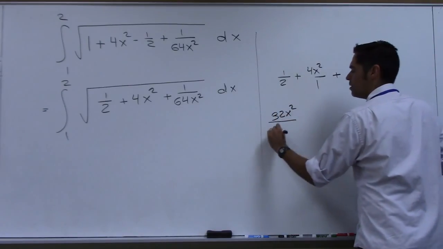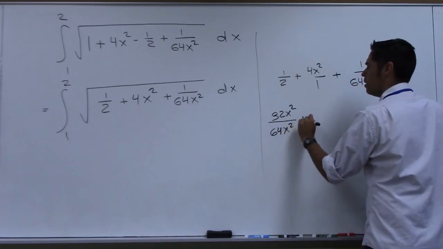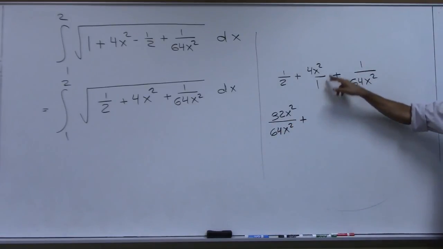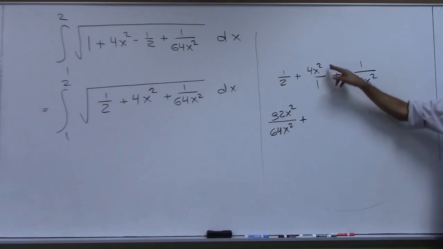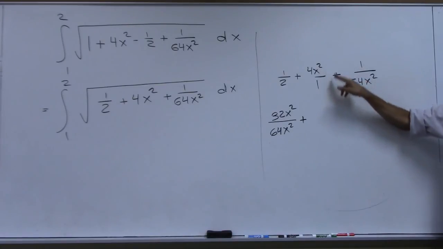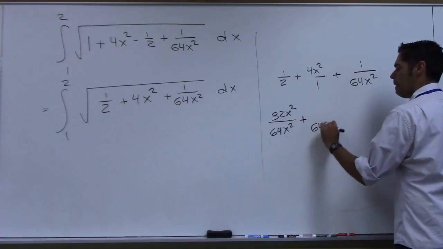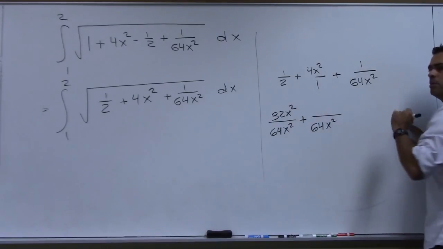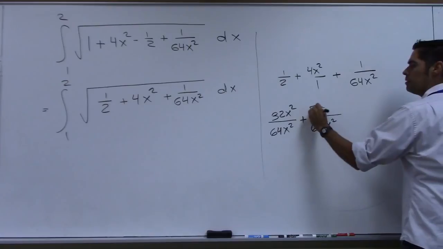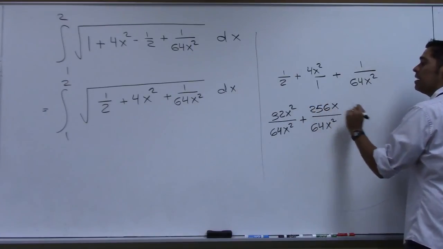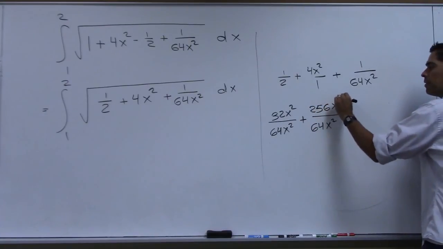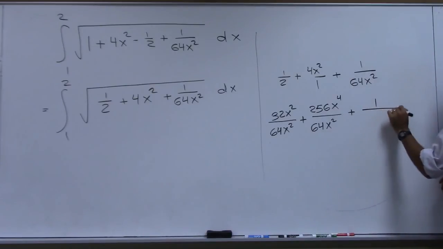And that will create the 64x squared on the bottom. What do I have to multiply top and bottom here? 64x squared. What's 64 times 4? 256, x to the 4th, and then finally, I don't have to touch that one, right?